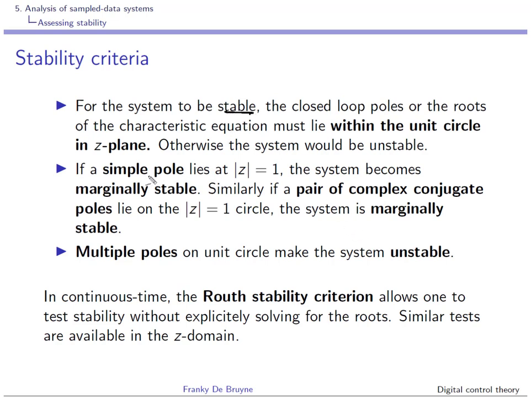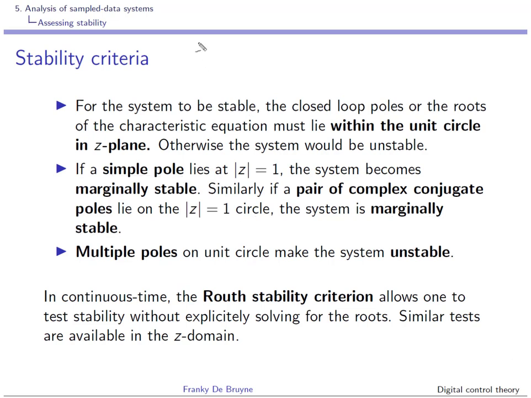If there is a simple pole lying on the unit circle or a pair of complex conjugate poles lying on the unit circle, then the system is said to be marginally stable. It is at the limit of stability. If you have several poles on the unit circle or poles outside the unit circle, then the system is of course unstable.